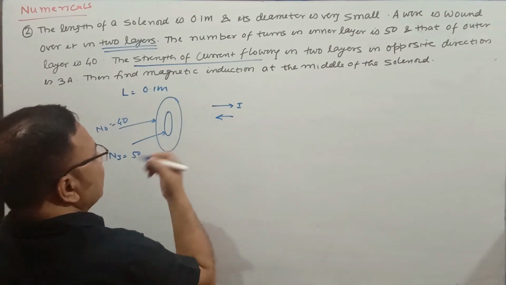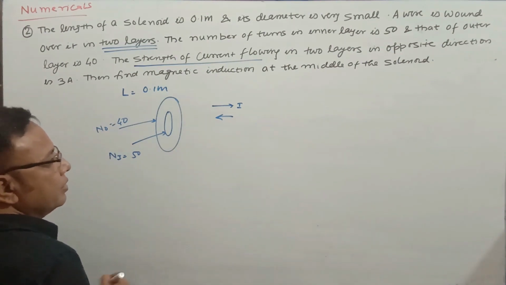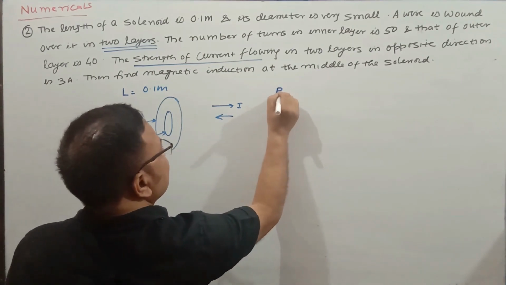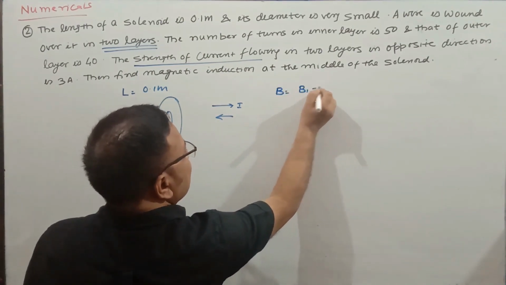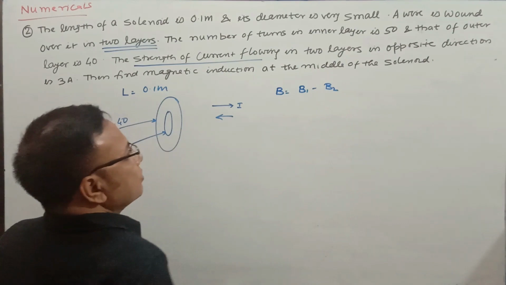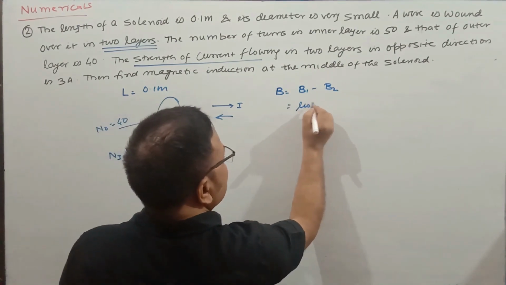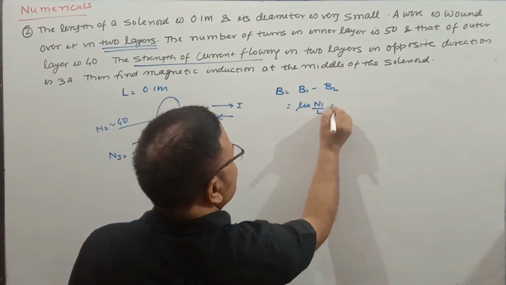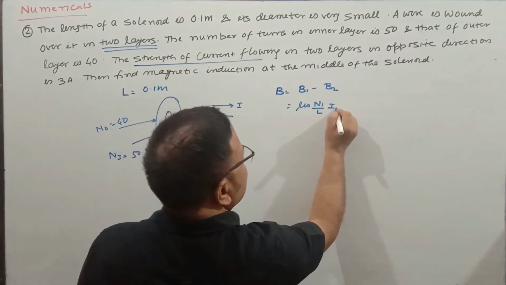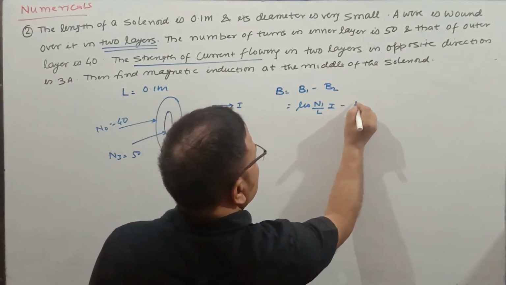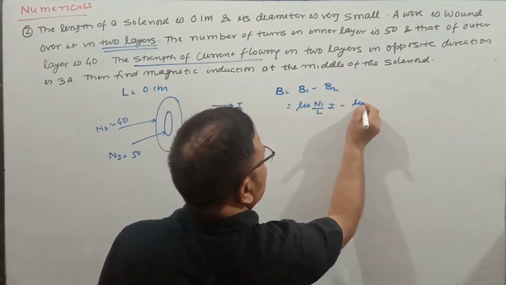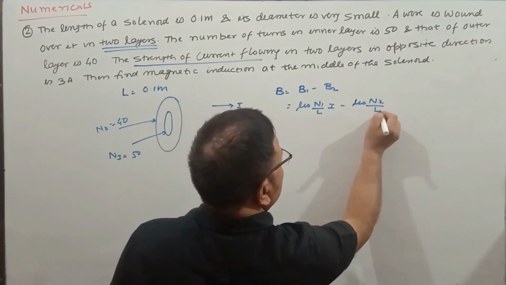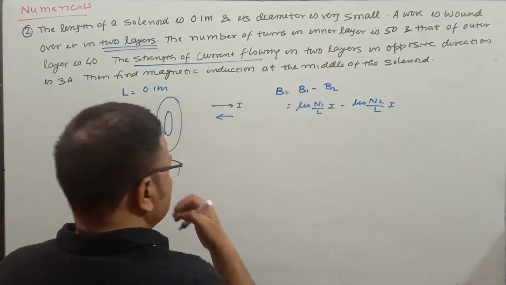So the magnetic field is quite obviously oppositely directed. The magnetic fields due to 1 and 2 are opposite. Due to the first one it is mu naught N1 by L into I, minus mu naught N2 by L into I. Both have the same current.